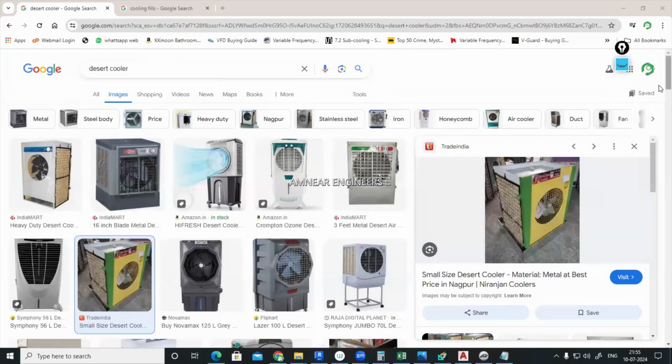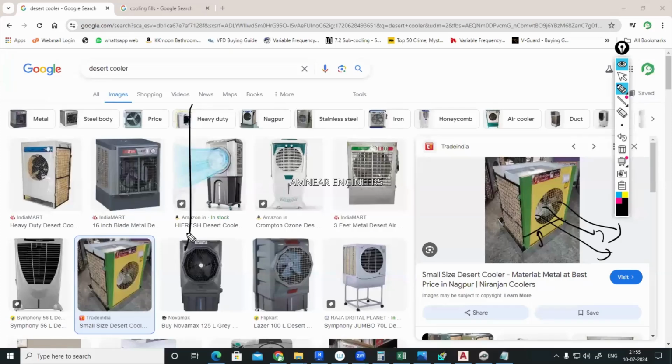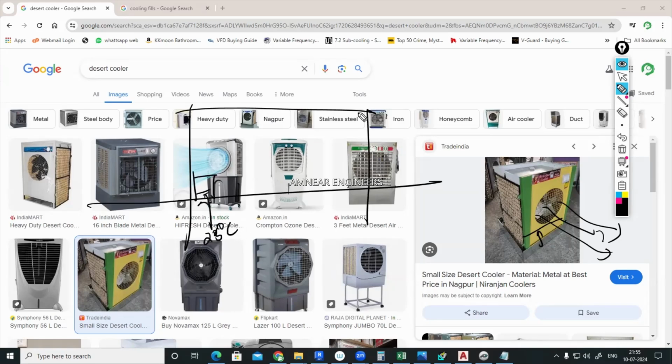Why is it important? You can imagine a desert cooler produces the cooling effect by evaporation only. In evaporation, the water temperature also matters. For example, initially when you place this desert cooler within a space, the water temperature might be 25 degrees Celsius and your room temperature might be 35 degrees Celsius.